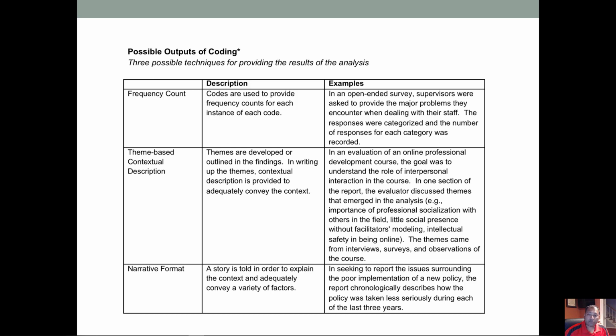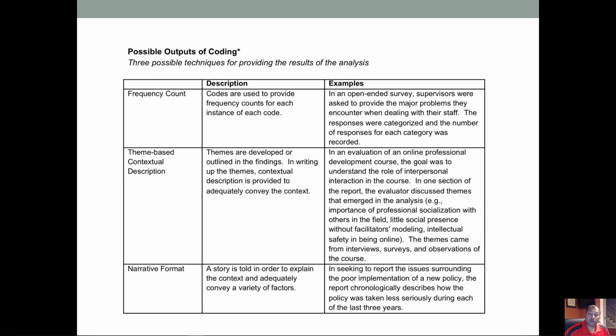Look at an example. The online professional development course was part of the analysis here. One of the contextual descriptions is the social aspect of that online course. That was the context within the topic, right?